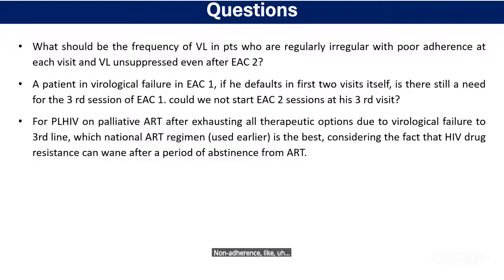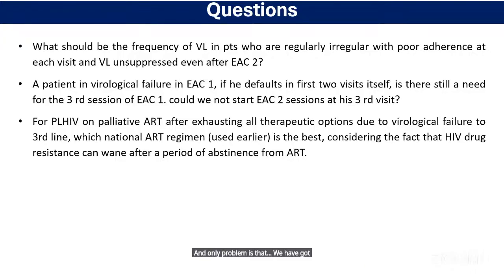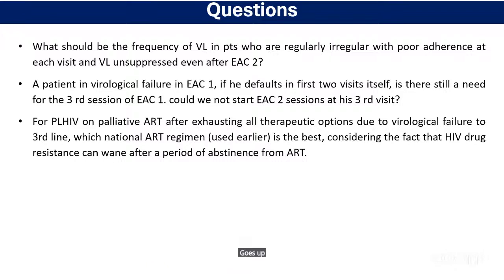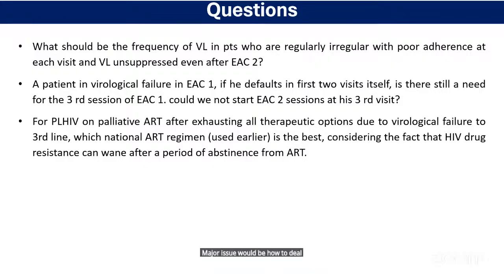As I said, after ESC2, if the VL is unsuppressed, adherence is the major issue. The only problem is that we have a one pill once daily regimen at first line. When you move from first line to second line and the third line, the pill burden goes up. That we need to remember. So I think viral load can be done every 6 months. That's not an issue, but the major issue would be how to deal with that particular patient.